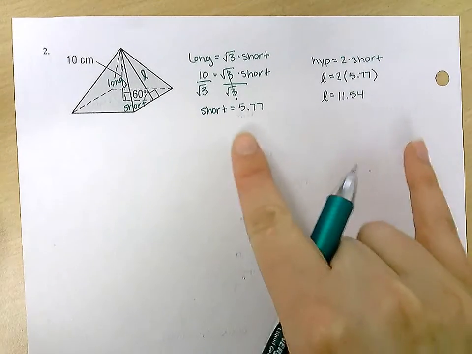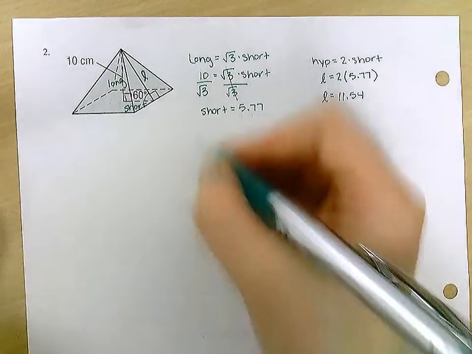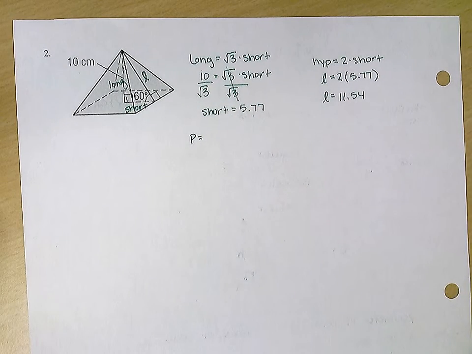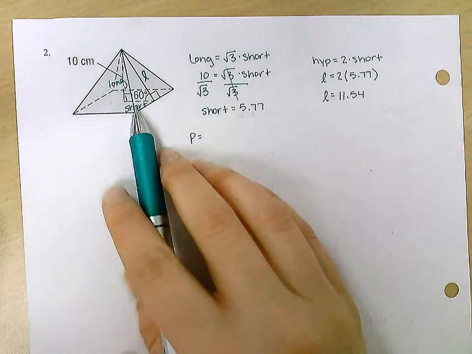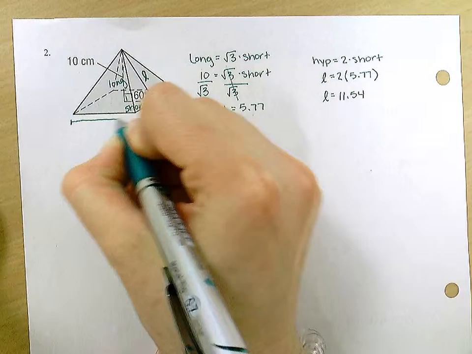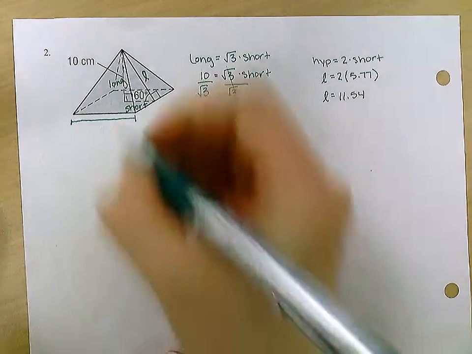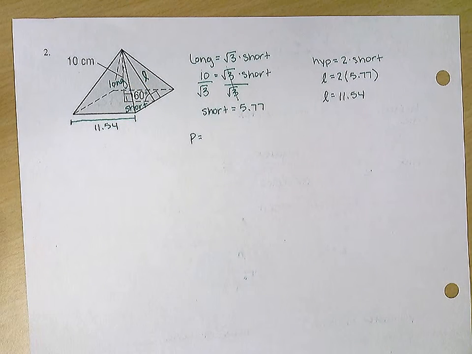So from here, now I can find P, L, and B. P is the perimeter of the base. Since my short side is 5.77, what is the entire length of that base? It is 11.54.